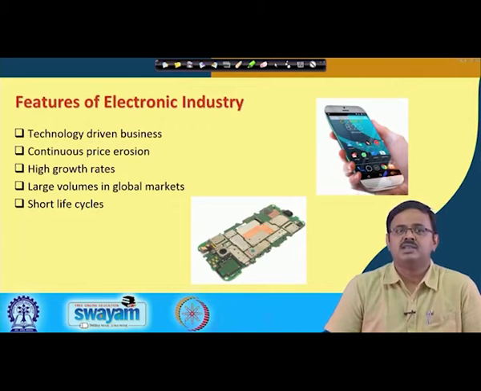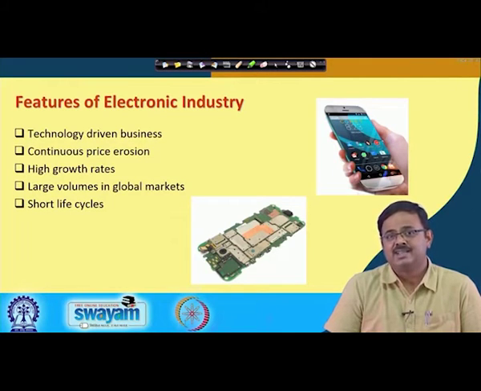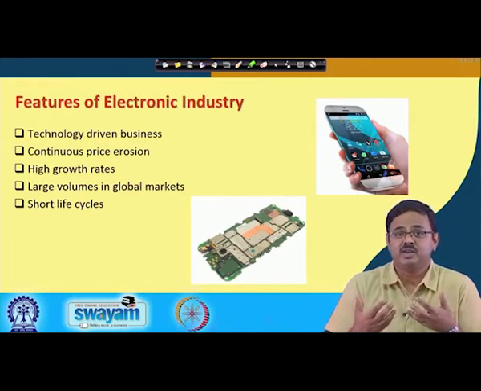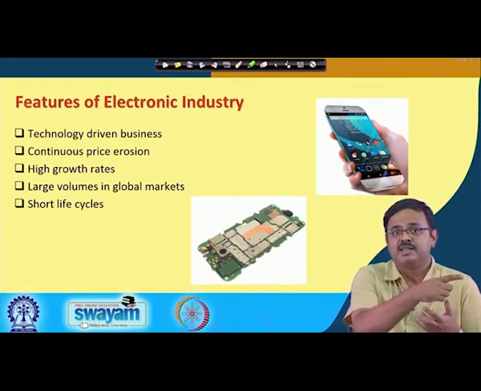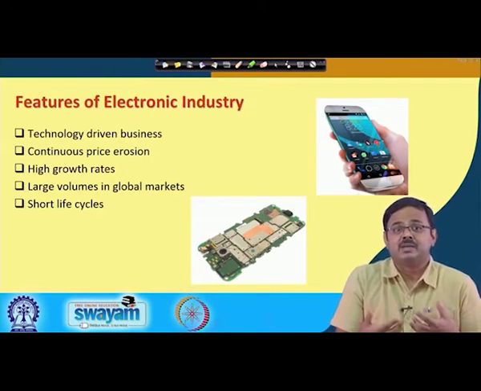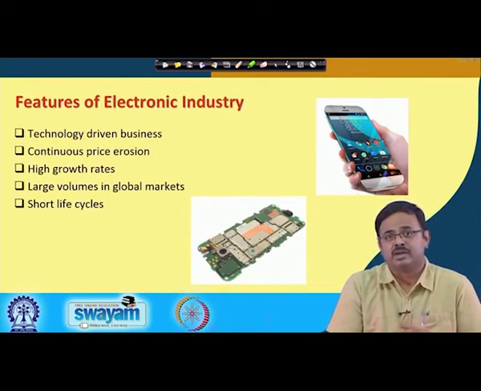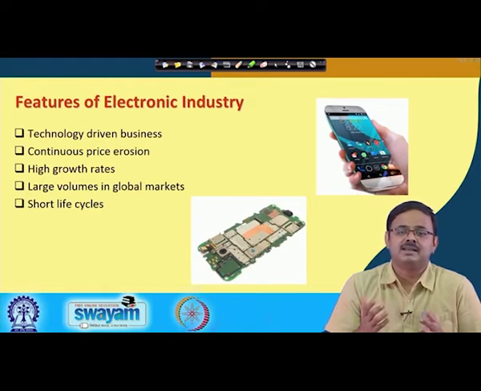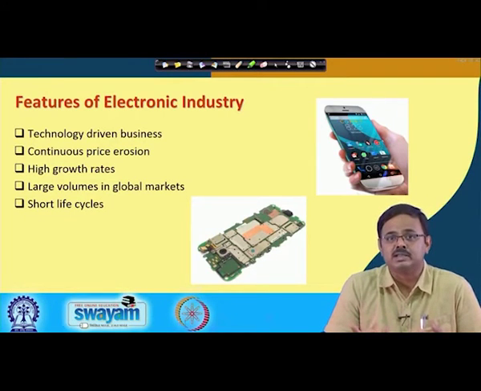Because one is the price comes down, and second is the desirability increases. If it's a really good product, hey, my neighbor, my friend has an iPhone, I also need to have that. That desirability comes, and that gives rise to a high growth rate. Sometimes my parents and uncles ask, why does everybody in the family need a cell phone? What is there to talk about so much?